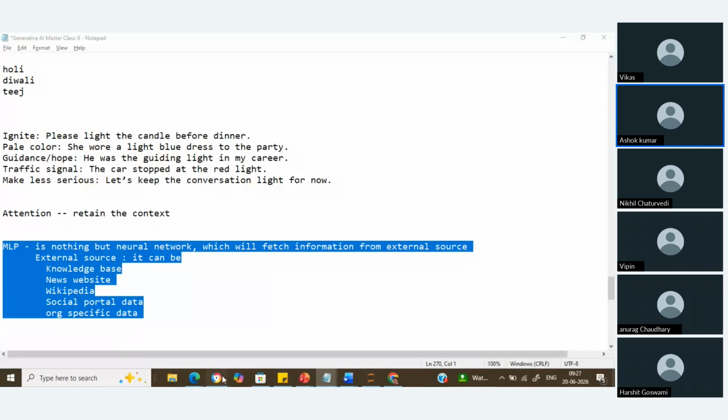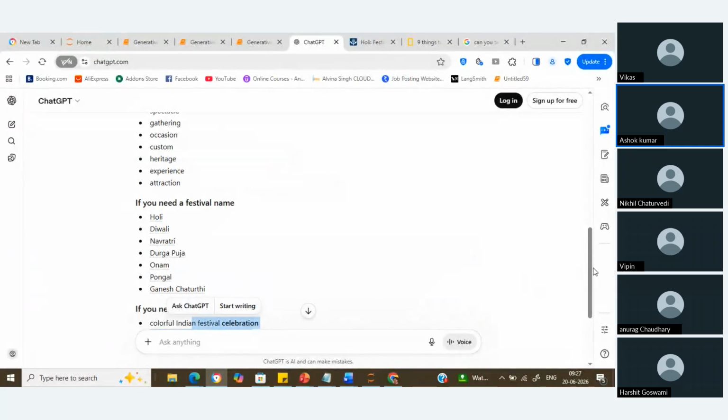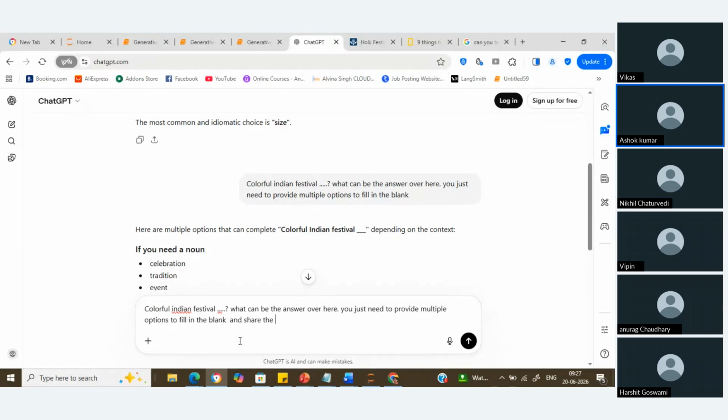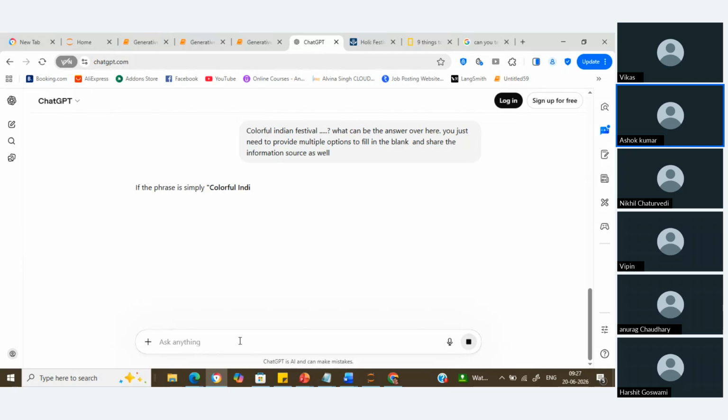If I ask, can you tell me the knowledge base as well, I just add one line, festival, and share the information source as well. Basically, from where it is fetching this information.